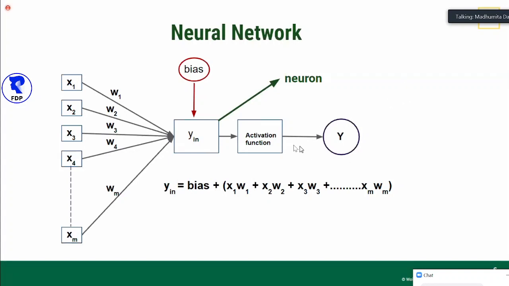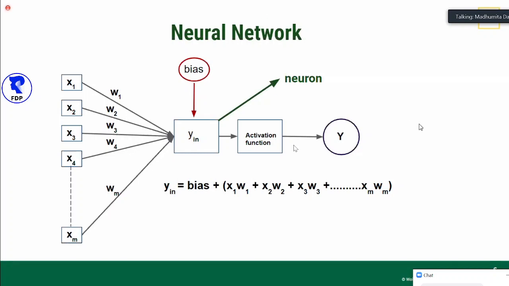So here the next layer is actually the output. This activation function is what differentiates your deep learning or a neural network from your general linear or logistic regression. We will be talking about each of these in detail in the next few slides.